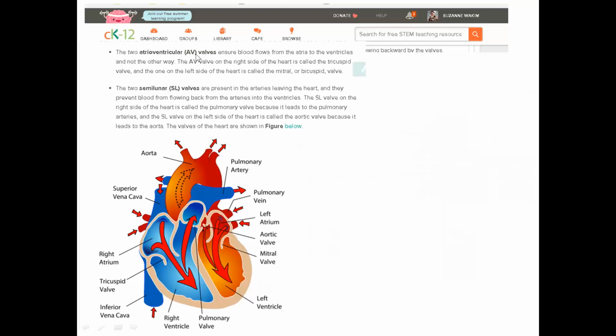Okay, so the AV valves, atrioventricular, ensure blood flows from the atria to the ventricles and not the other way. All right, so it should be between the atrium and the ventricle. That's why it's called atrioventricular. And notice here it says the AV valve on the right side is called the tricuspid and the one on the left is called the mitral or bicuspid.